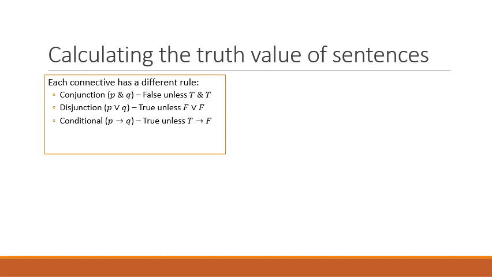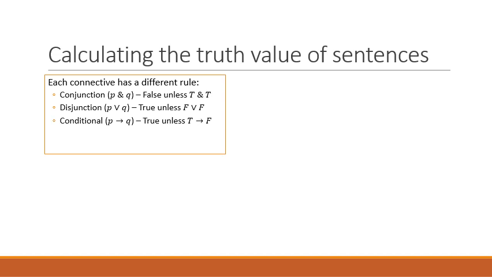So it's that hypothetical way of thinking. If I say, if the sun explodes, then class will be canceled, that's a true sentence, even though the sun may not explode, at least not in our lifetimes. But it's nevertheless true that if the sun exploded, we wouldn't have class.